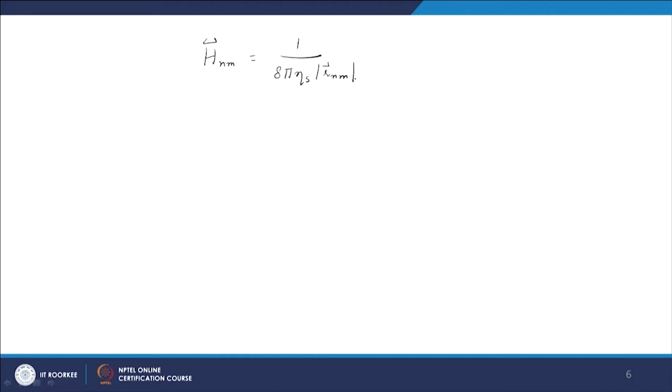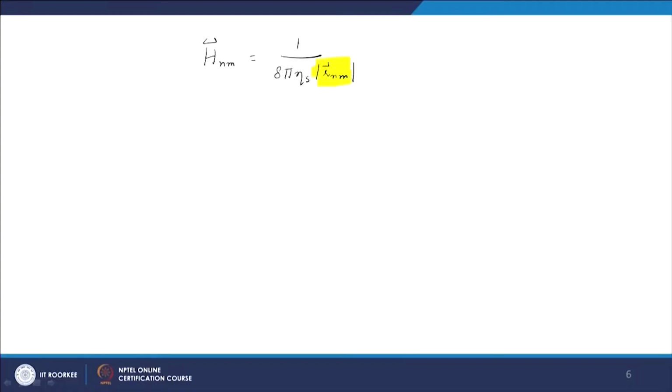So, now R is the distance between the n and m bead. So, I call it the absolute value of the vector R_nm. So, this entire thing is the R that I had multiplied by I, plus something, and that is for n not equal to m.